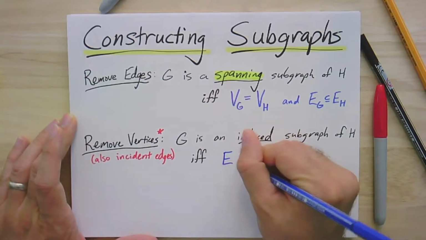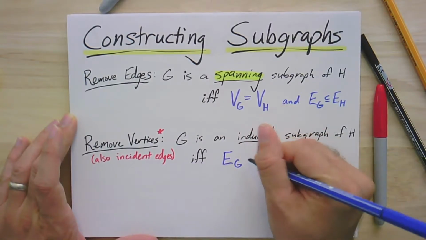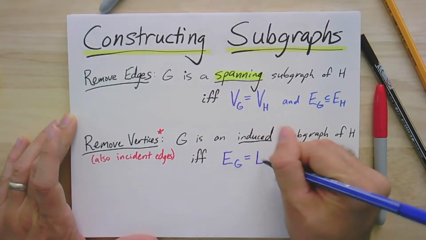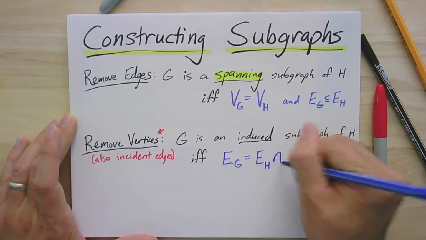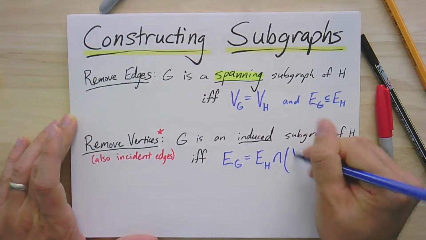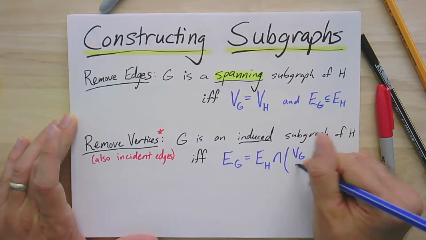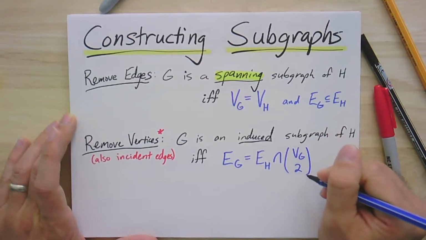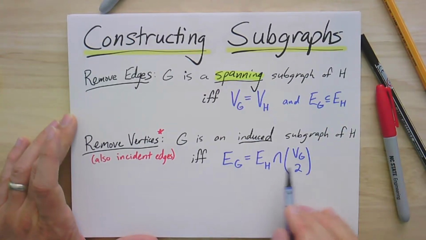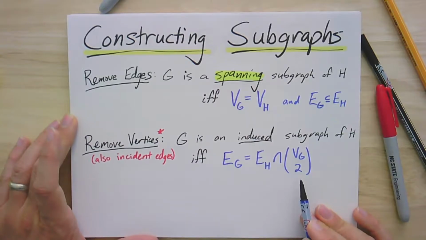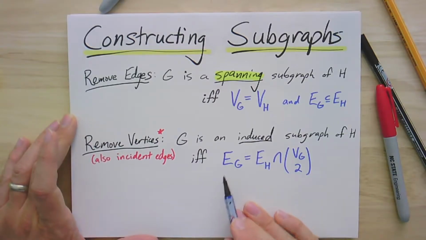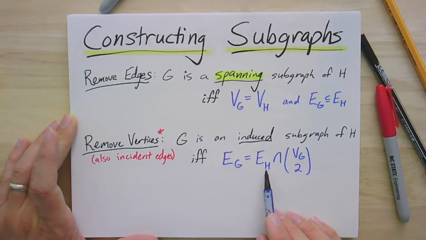Okay, so this is a little bit more complicated operation, but the definition is also still pretty simple. It just says that the edge set of G is just equal to whatever the edge set of H was intersected with things which are pairs of vertices in G. So this is just a set theory way of describing the fact that you kept all of the edges that you could given which vertices you took. Right?